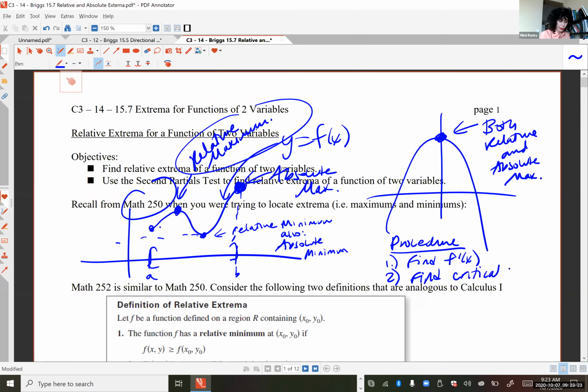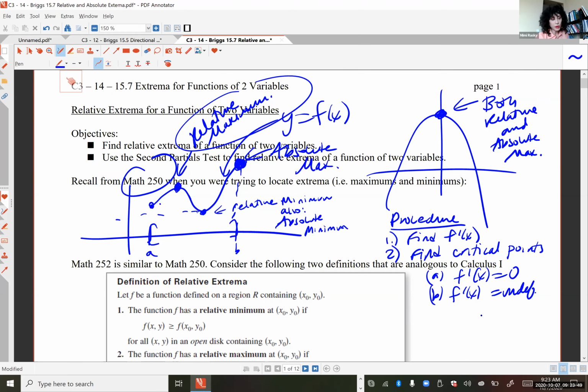Well, what are critical points? There were two types. One type, the usual type, is you would set your derivative equal to 0 and find the values of x that made your derivative 0. But you could also get other critical points, which are not as common: when does f prime of x equal undefined? That would also give you some critical points.